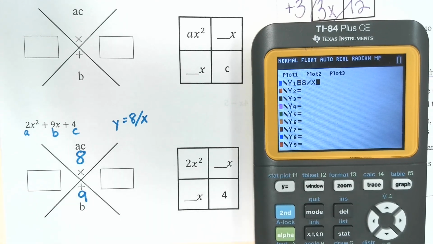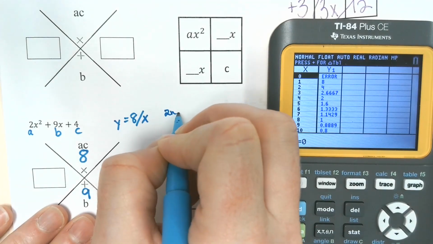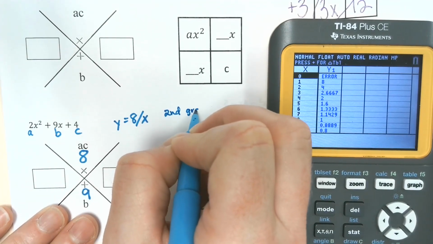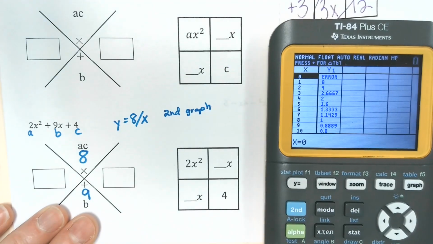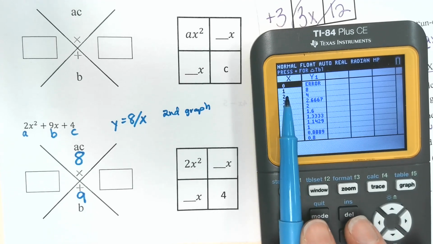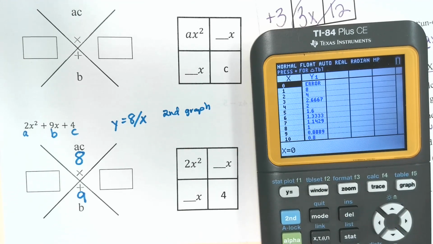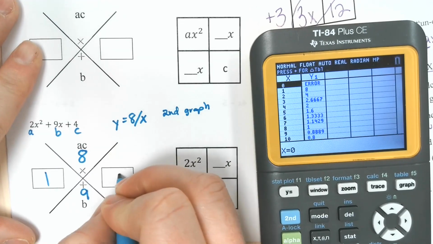We want to look at all the numbers that multiply to get 8 and then see which ones add to get 9. So we hit second graph for the table. And everything's positive so far, so we don't need to look at our negative side. So 1 and 8. What is 1 times 8? 8. What is 1 plus 8? 9. That's it. Those are our magic numbers.